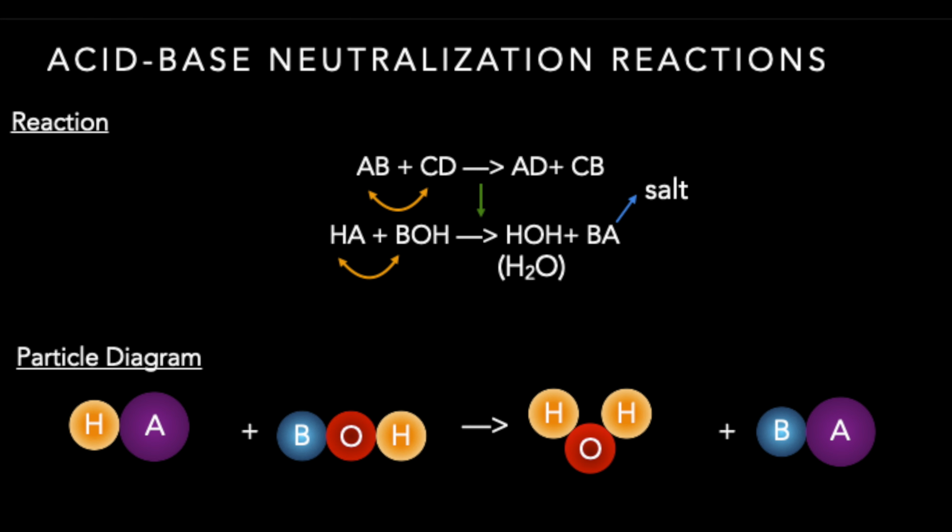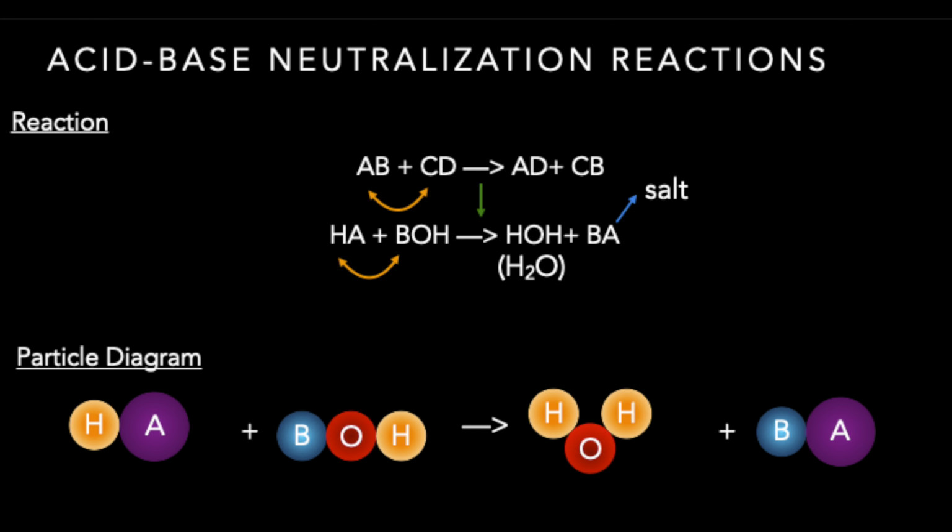Therefore, HA can be thought of as an acid. BOH we will think of as bases, substances that give away a hydroxide group, or OH, when put in solution. So this is why we tend to display reactions as HA plus BOH being acid-base reactions.